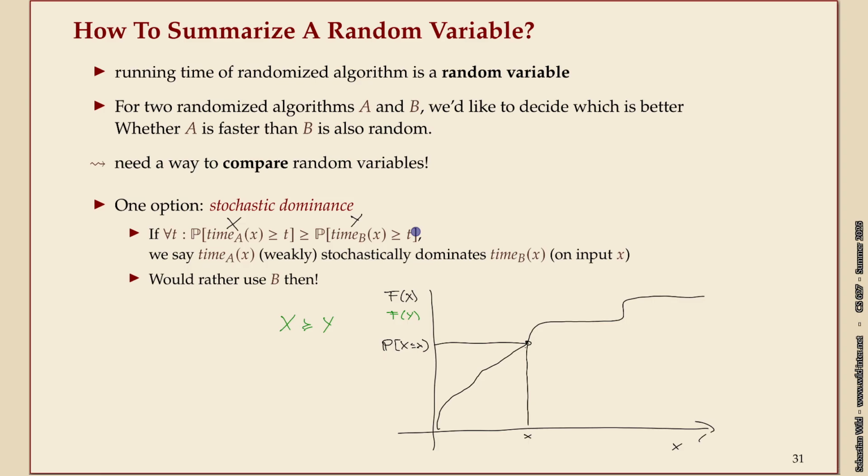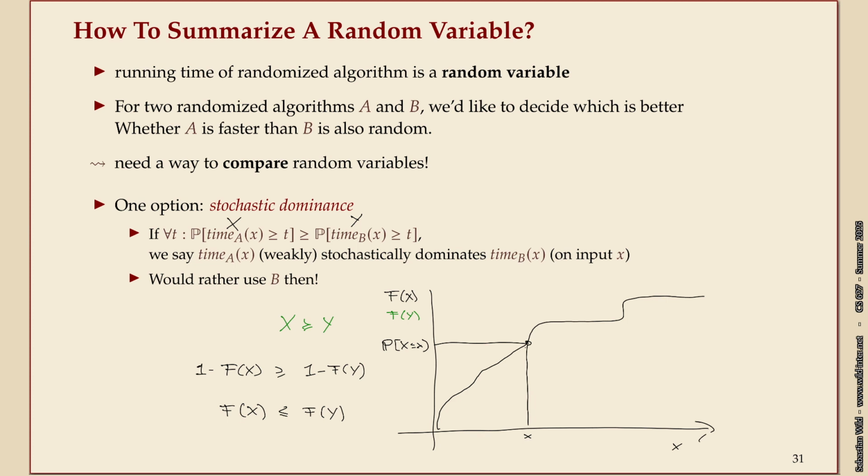For the cumulative density function, we have to take the inverse probabilities. And so 1 minus F_x of t is greater or equal 1 minus F_y of t. That's what this translates to. And then, of course, it means F_x of t is less or equal F_y of t at any point t.